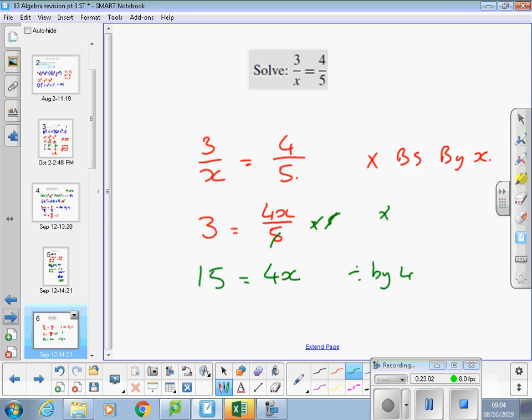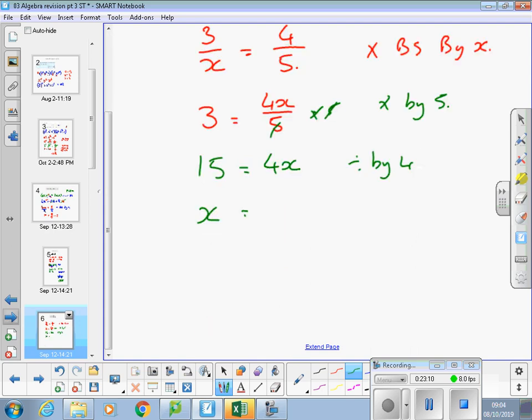Divide by 4, we end up with x, and I'm a bit funny, I like to keep the variable on that side. But x is 15 over 4, 3.75 if you like decimals.